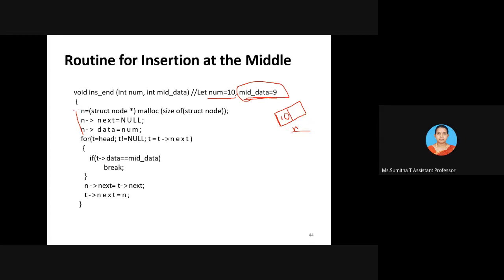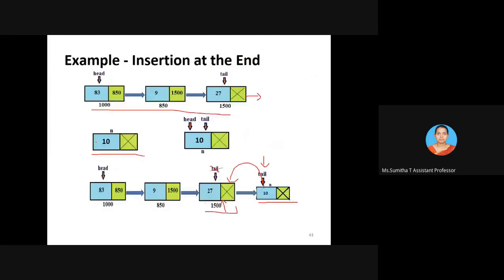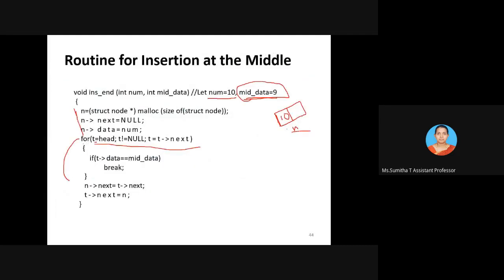Then I use a for loop and check a condition. In the global declaration, I have mentioned one temporary variable, t, assigned to the head node.